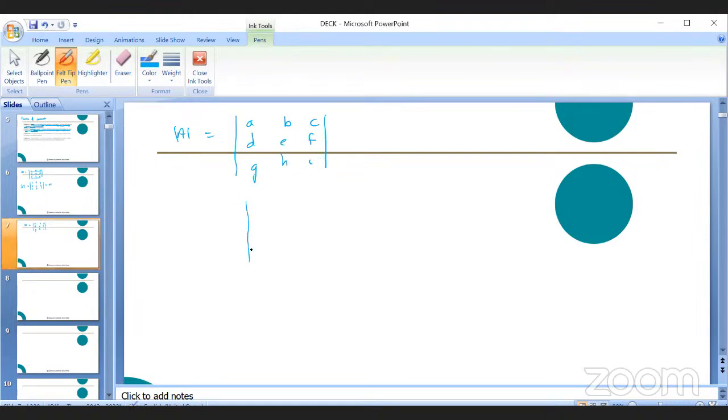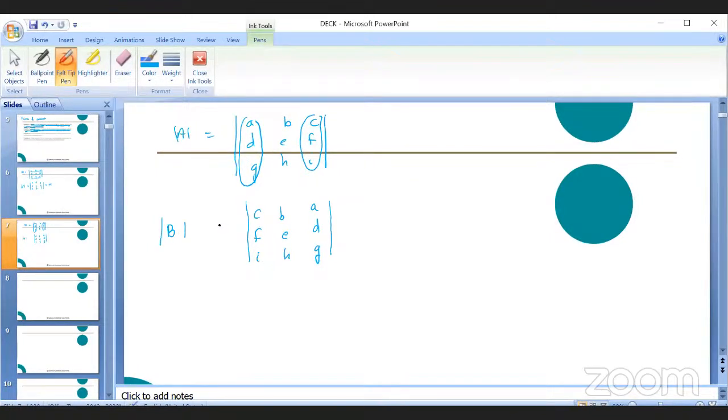Now, I will interchange two columns. That means the first column I will write as the third column, and the third column I will write as the first column. But the second column is the same.